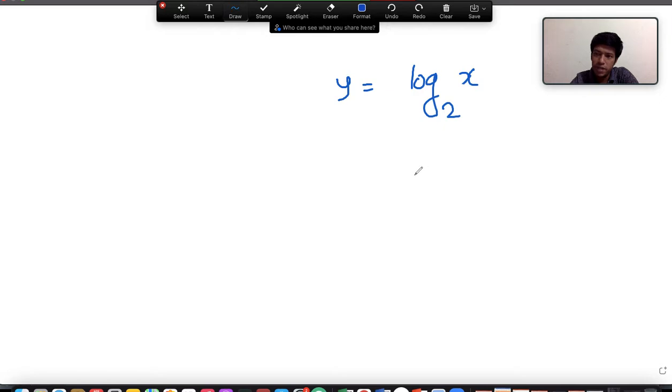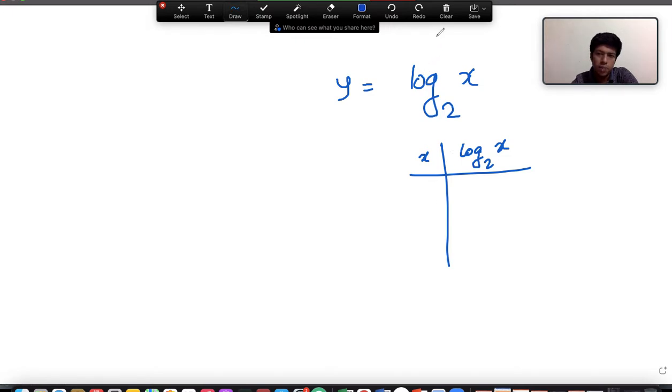So let's think about how we get the values and how we calculate them. Let's write x here and log base 2 of x, and we'll put in some values of x and then construct the graph.